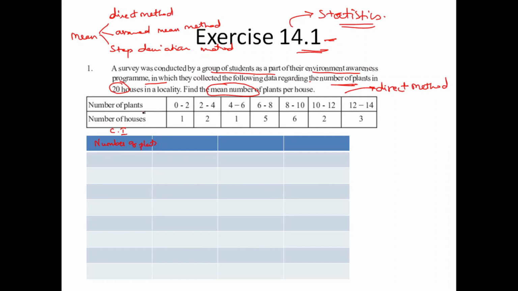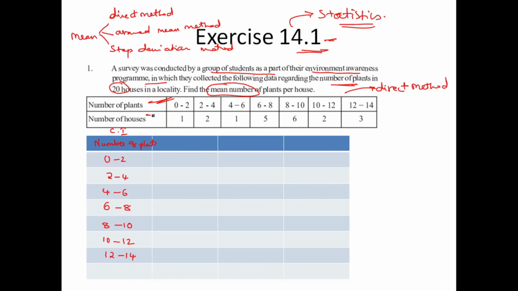So let me write this given data: 0 to 2, the next is 2 to 4, the next is 4 to 6, the next is 6 to 8, then 8 to 10, then 10 to 12, and then 12 to 14. So this is your required data.